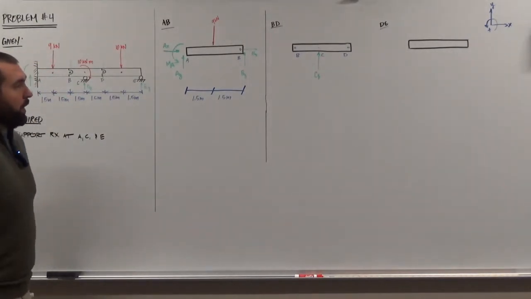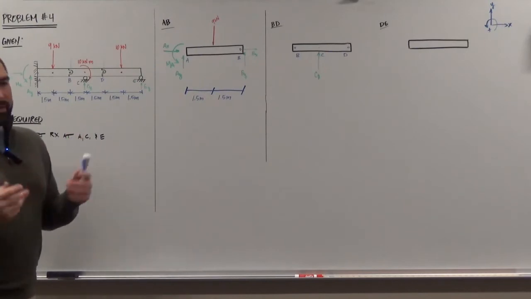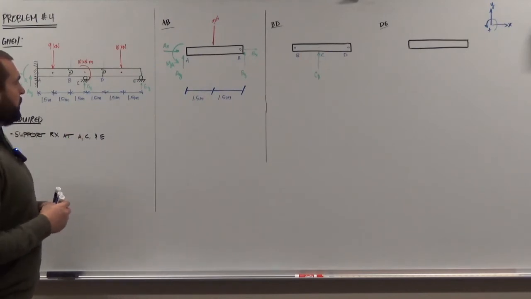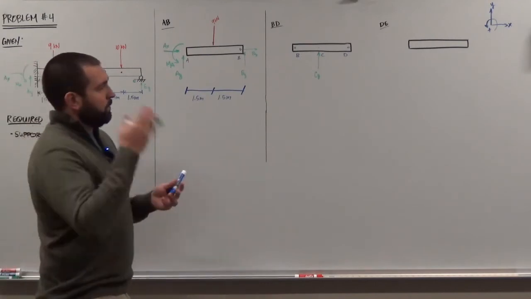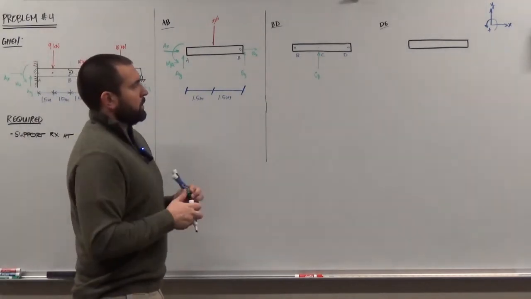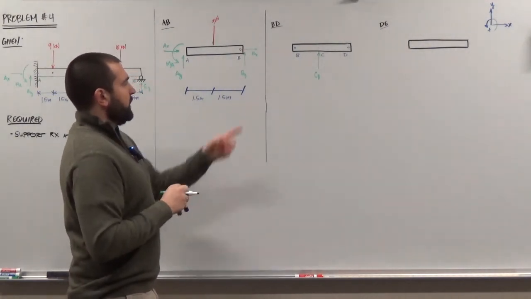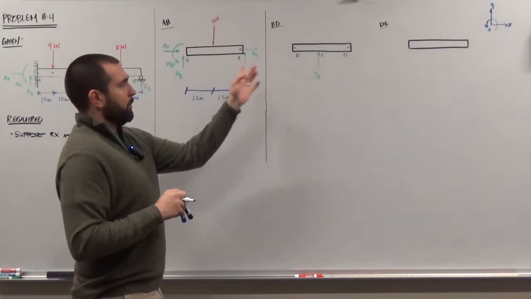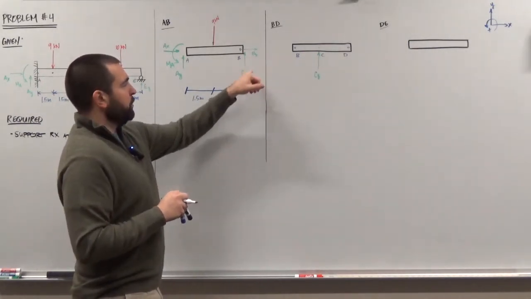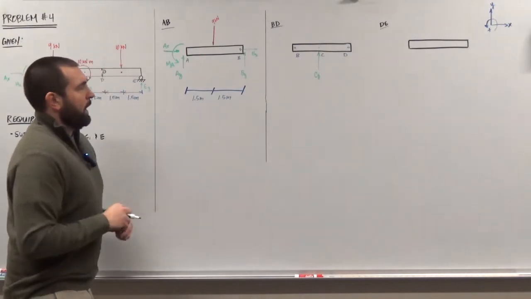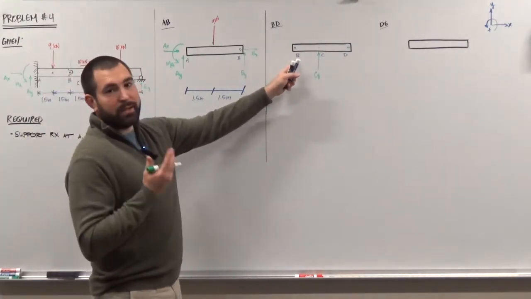Okay, so there's our support reaction. That's the only support reaction that we have, but we also have an internal type support, this internal hinge. And so at B and D at either end, we need to transfer some vertical and some horizontal force. And at this point, it's still unknown, but we need to draw it consistent with the other free body diagram. So here I've already drawn Bx and By, my assumed directions of these. And at B in this free body diagram, it needs to be consistent.